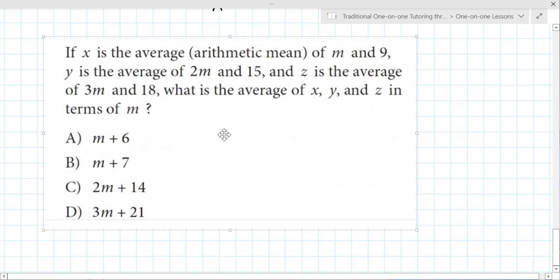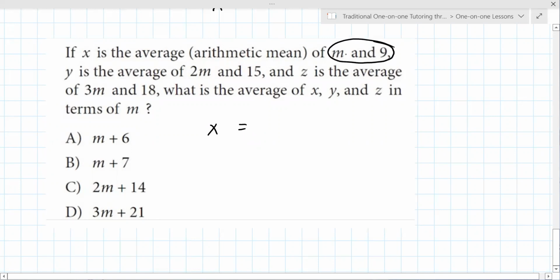Okay, so let's start with this first sentence. X is the average of M and 9. How do you find an average in words? Like, could you tell me how you would, let's just say M was 21. What would you do with 21 and 9? You add them up and then divide by 2.